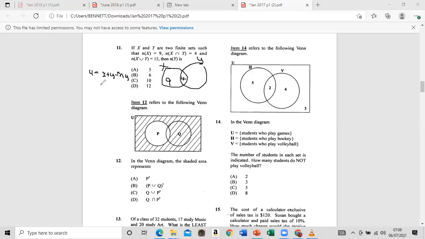So what we know is that the union is 15. So we just equate it to 15. Then the number in X will be 9 plus, we don't know our Y, so we put Y, minus the 4, right? And then we transpose. So it will be 15 minus 9 as the inverse, plus the 4.